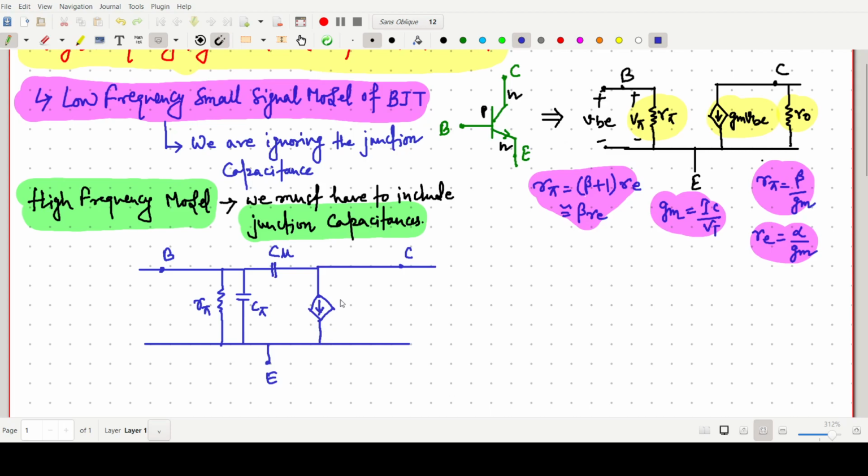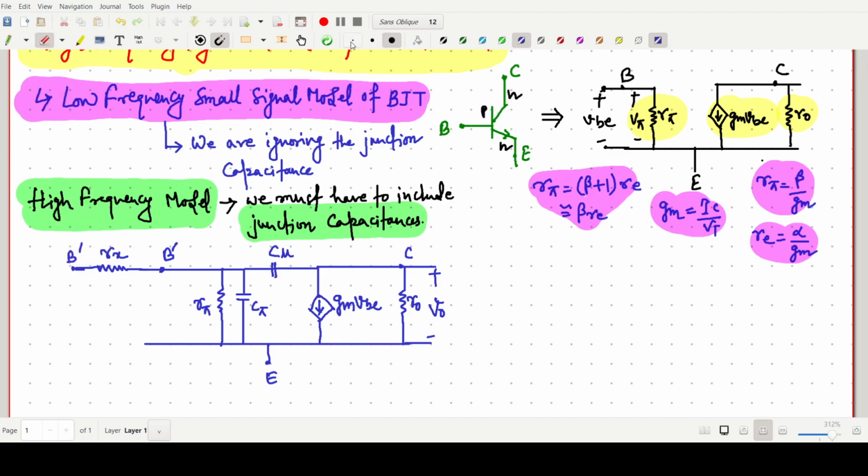This one is as it is gm times VBE, or we can write V pi, and one more resistance, this is our output one. This is the finite output resistance, and here I am adding one extra resistance rx, and this is B dash.